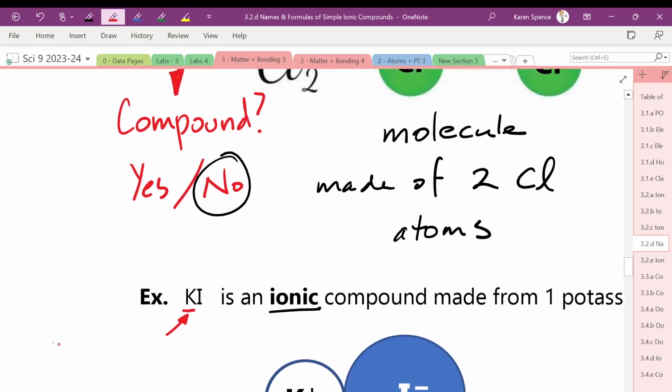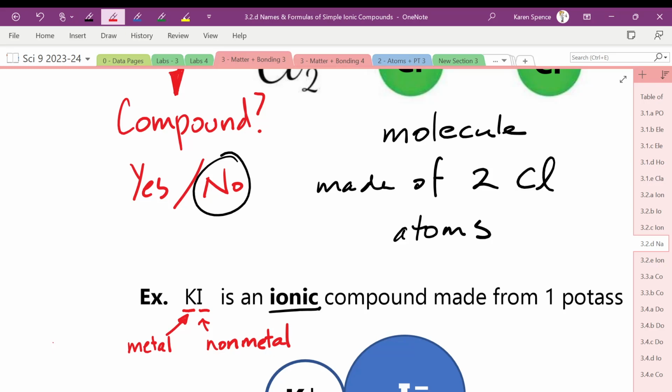K is potassium, which is a metal, and I is a non-metal. K is in group 1. How many electrons in the valence shell of group 1? 1. So what does K do when it forms an ion with its 1 electron?